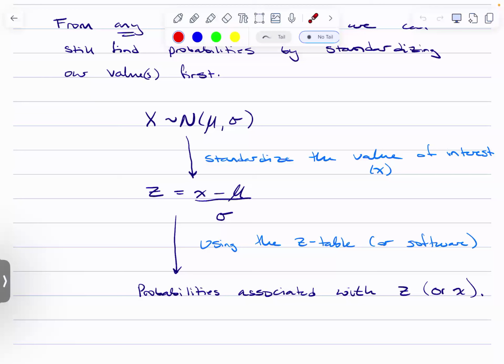Now Z, to remind you, is the number of standard deviations that X is from mu.